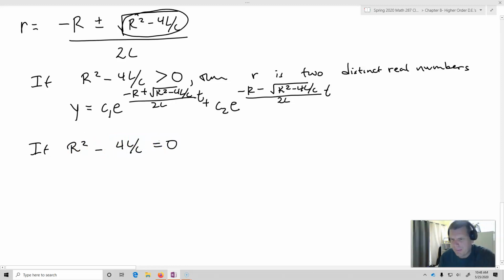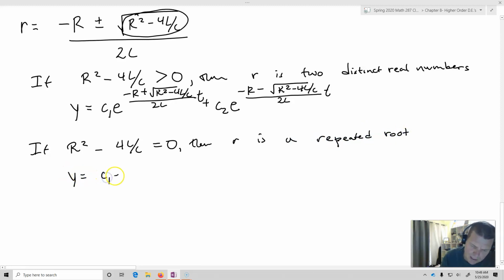So that is, if the discriminant in there is 0, then we're only going to have one value for r. So r is a repeated root. And so now y is going to equal C1 e to the negative r over 2L t plus C2 t e to the negative r over 2L t.